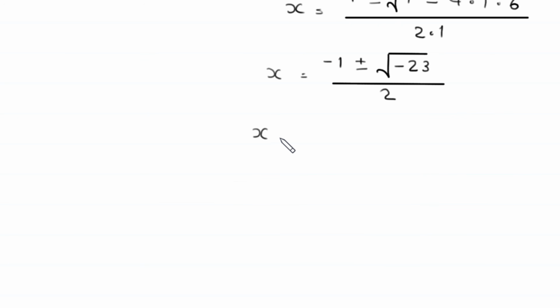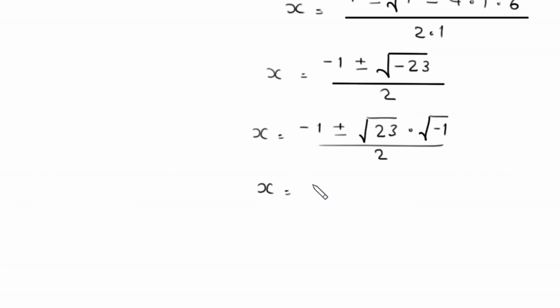Next, x is equal to negative 1 plus minus the square root of negative 23, which can be written as square root of 23 times square root of negative 1, divided by 2.